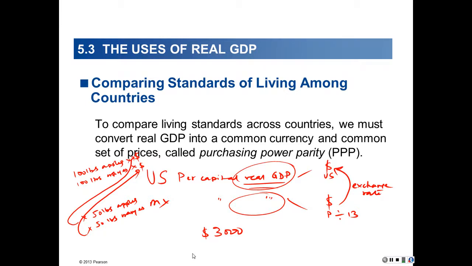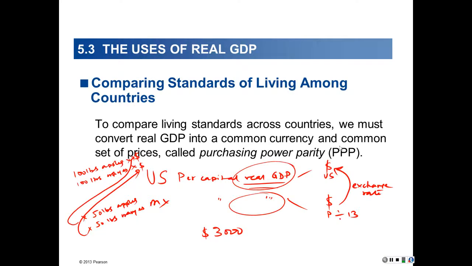That's my point. Because lots of things are way cheaper there than here. Right? So when you do the peso to dollar conversion using the exchange rate, the Mexican standard of living will seem too small as compared to the States. In reality, the Mexicans do much better because their cost of living is much lower. You see? So this is the argument being made here.